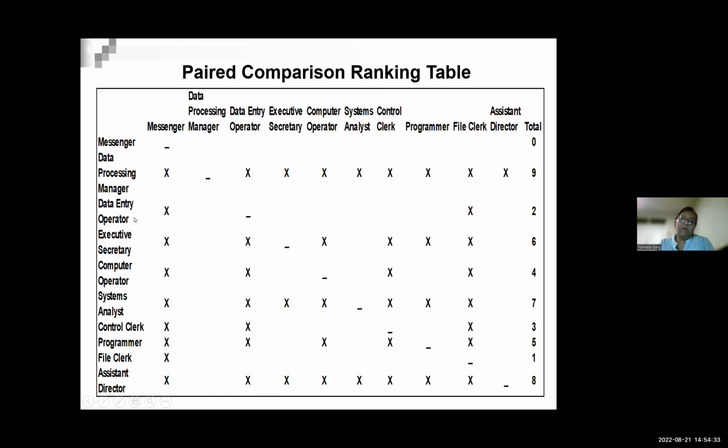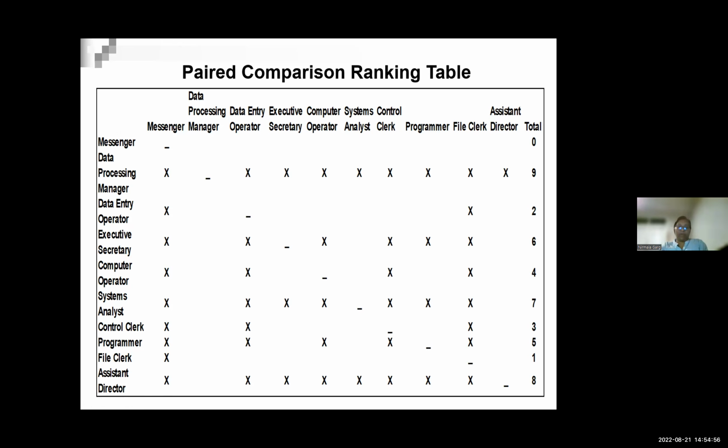Now, who is evaluating? A compensation committee. And who comprises this committee? All the BU heads and the HR head, and also sometimes in a startup you also have the CEO.